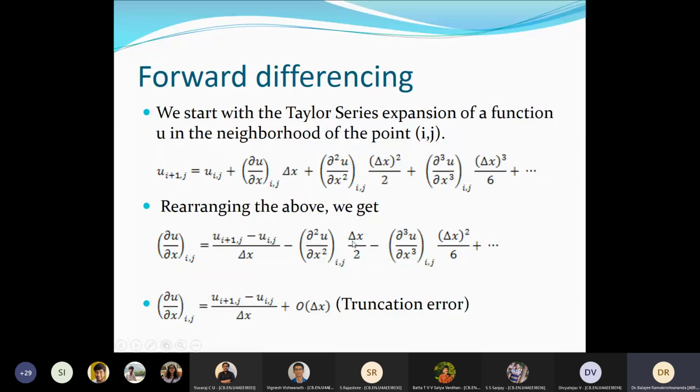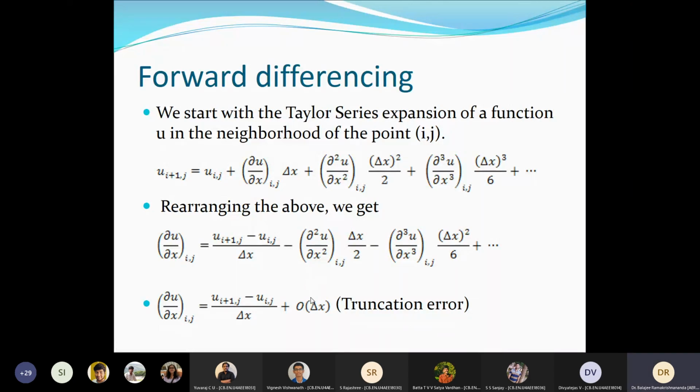Now delta x is very small. If it's 0.001, delta x square will be even smaller, 0.000001. If delta x is not so small, 0.1, delta x square will be 0.01. So the choice of your delta x will affect the error you commit, and the error will be of the order of delta x into some constant.